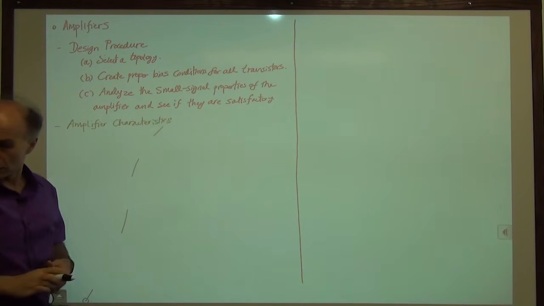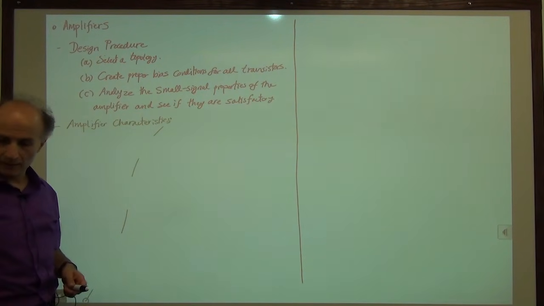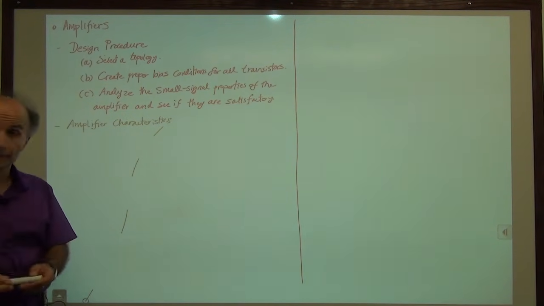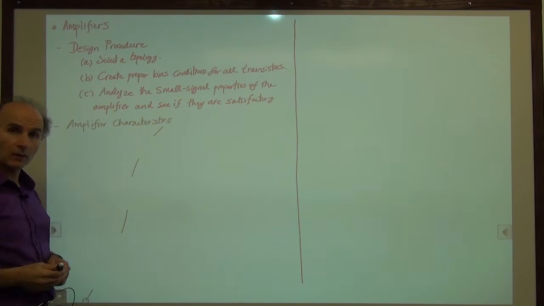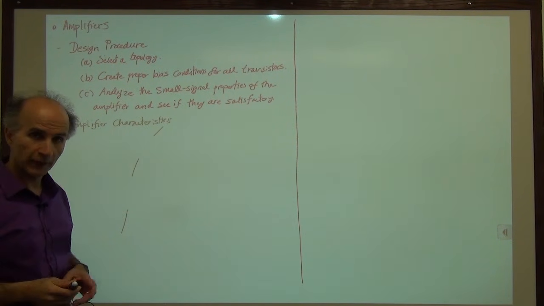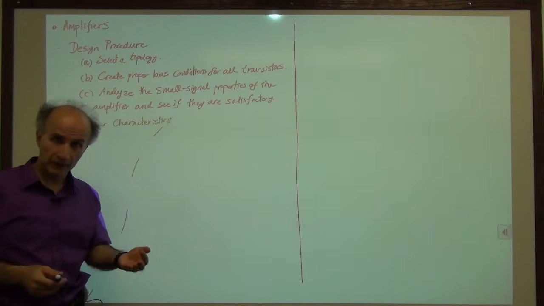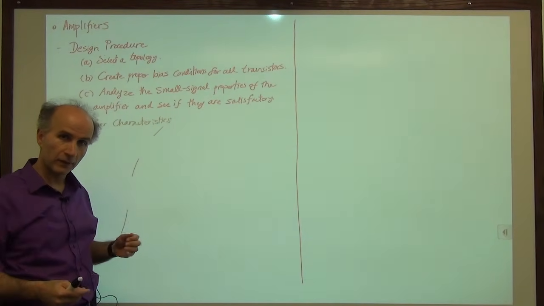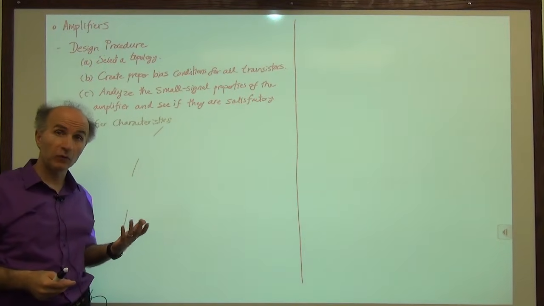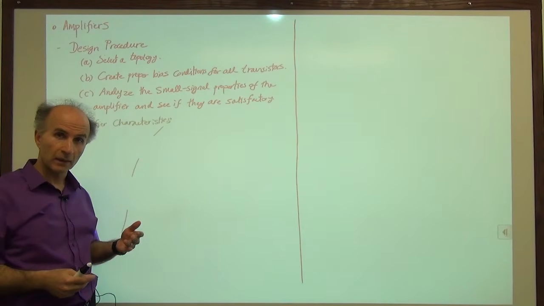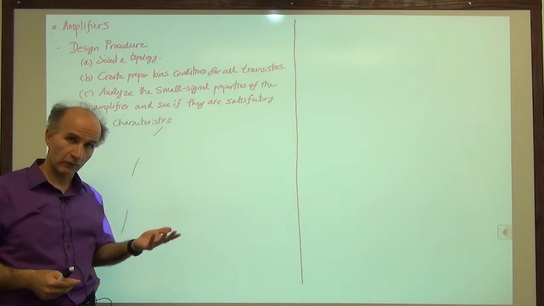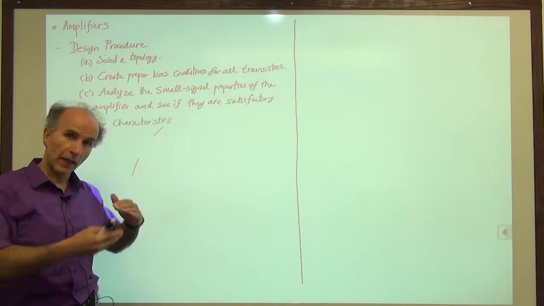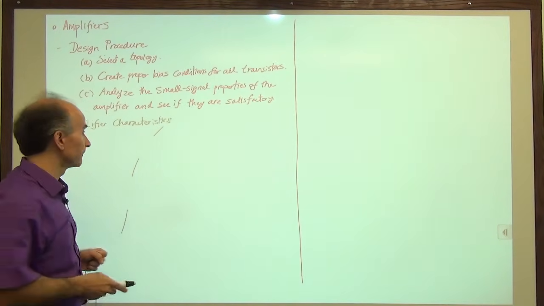Okay, so what does an amplifier do anyway? Well, we know that an amplifier should take a signal, a microphone signal, an antenna signal, and amplify it, make it larger. For example, we have a voltage coming in representing the microphone signal, and we would like to amplify that signal.